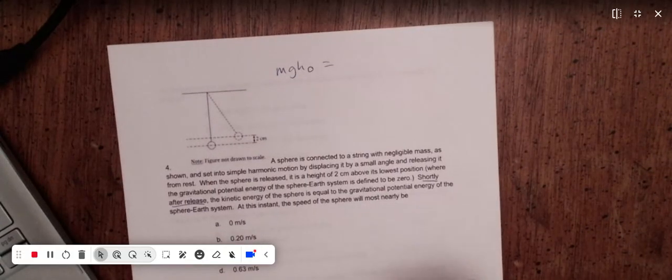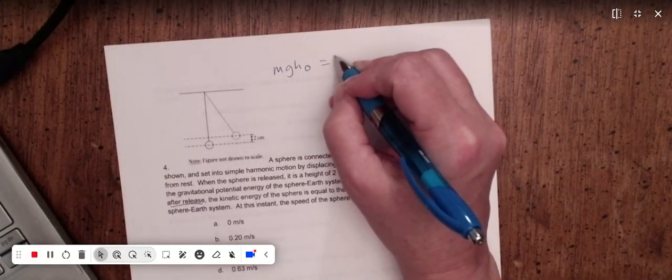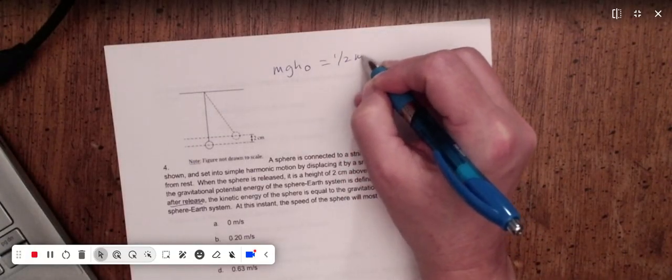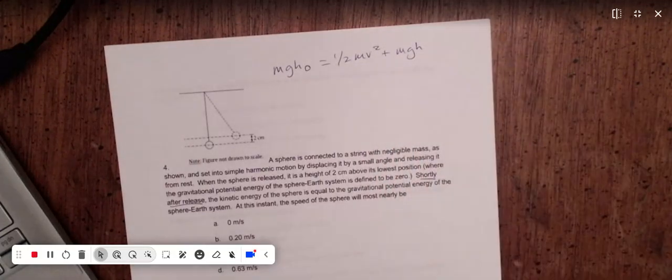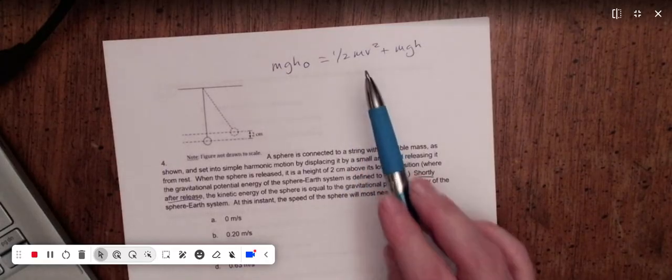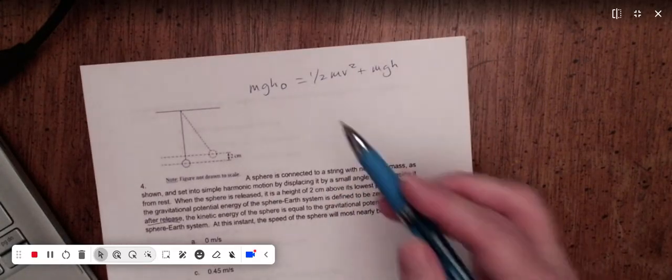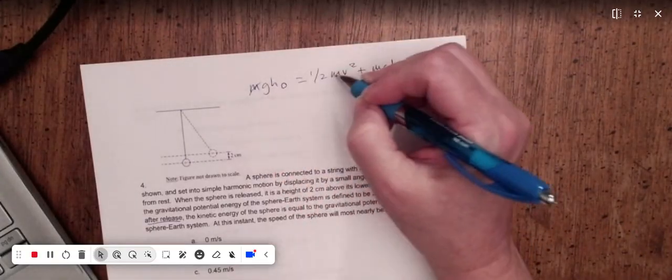So that would be like a halfway point, if you think about when we looked back at the skate park simulation. That's going to be a different H at that point. So we want to solve this for velocity. Let's see if we have enough information to do that. We don't have any information on mass, but mass is going to cancel out.